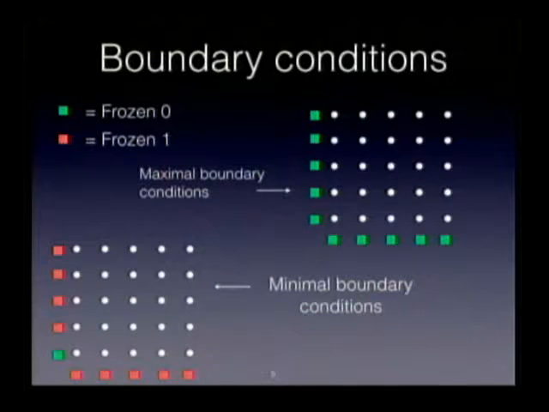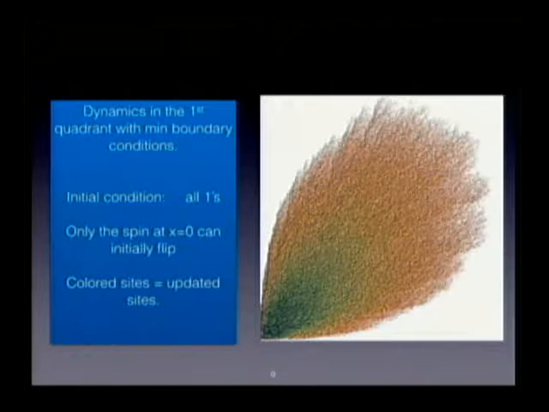So this guy can flip only once this guy has flipped, and so on and so forth. There are of course intermediate boundary conditions that interpolate between these two extreme cases. There is some monotonicity in the relevant quantities, so it will be enough to understand this case and this case for the quantities we will be interested in.